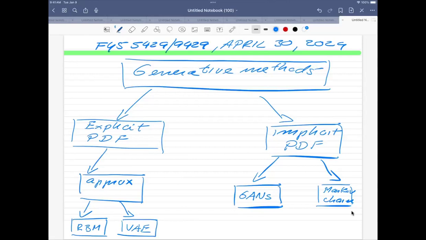Then there is something which is labeled as tractable, and we haven't discussed that either. But that belongs to the type of methods which are often called belief networks, so fully visible belief nets.